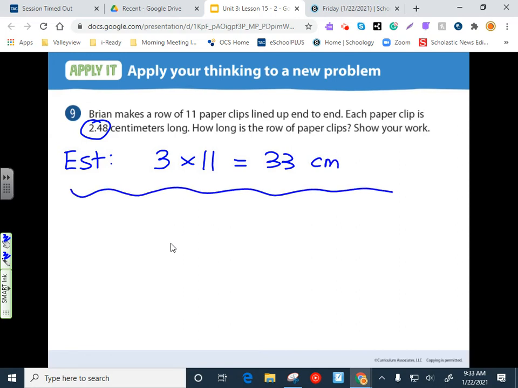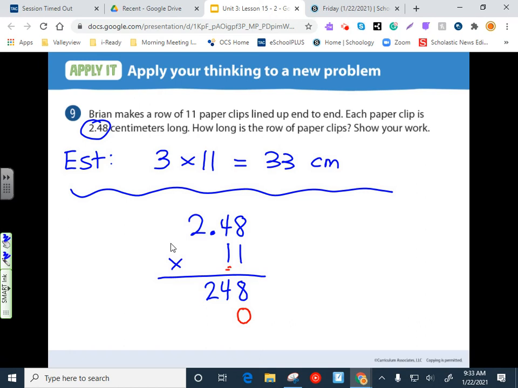So let's do the actual math. 2.48, and we'll multiply that by 11. Okay. 1 times 8 is 8. 1 times 4 is 4. 1 times 2 is 2. Don't forget, when you go to the next value, you've got to put a 0 there, because this 1 right here is not actually 1. It's actually worth 10.